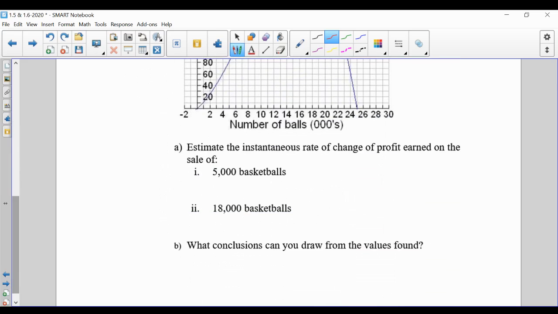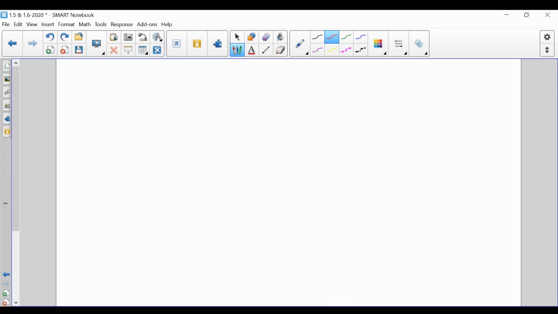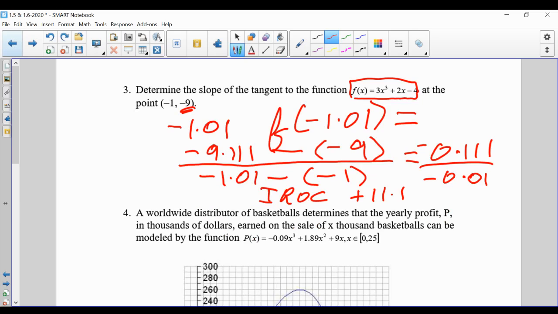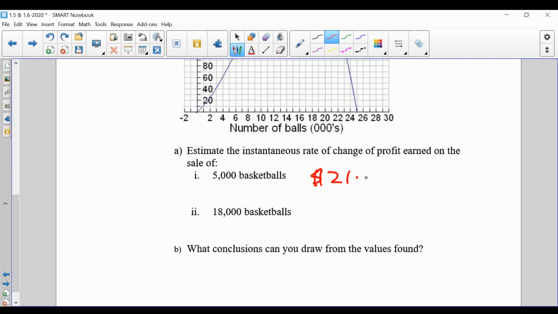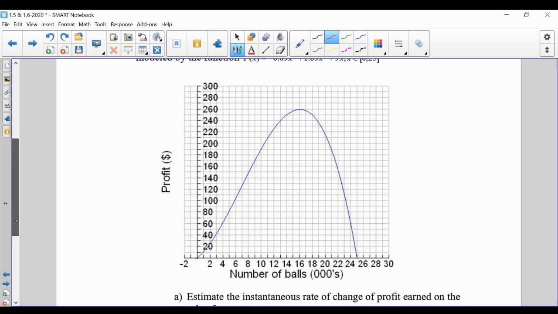So I'm going to put this in dollars as 21 point... I forget what it was. 21.20. $21.20 per ball. That little line there means that it's per ball. Why is it not thousands of balls? Because we already have the profit in thousands and we also have the ball in thousands.